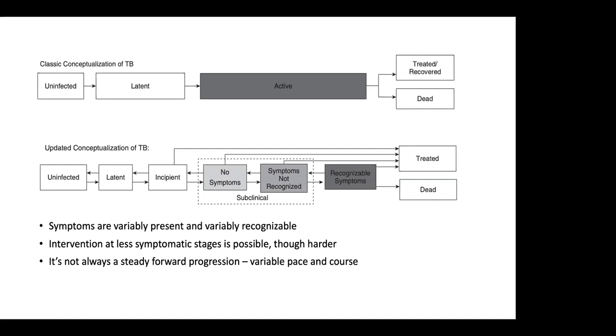We know from pre-antibiotic era data that TB, even after it develops symptoms, sometimes resolves. And so likely even more so, TB that hasn't yet become symptomatic can move backwards, potentially resolve, which means that you can potentially have people moving on a variety of different natural history courses, or those who do progress may progress at a variable pace.